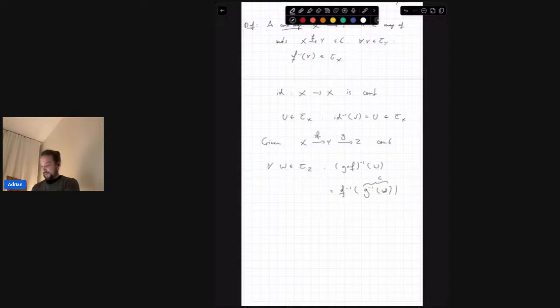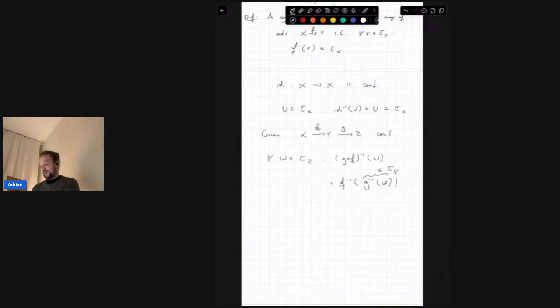But this here is by assumption an open subset of Y. And because the preimage of any open subset of Y is an open subset of X, this here altogether is an open subset of X. So we've also defined the composition. This here is supposed to be a little circle.